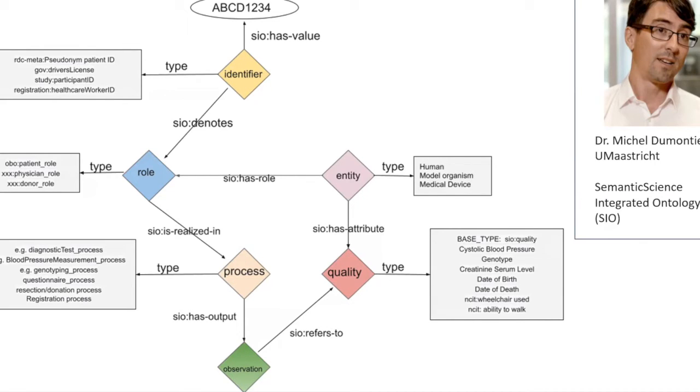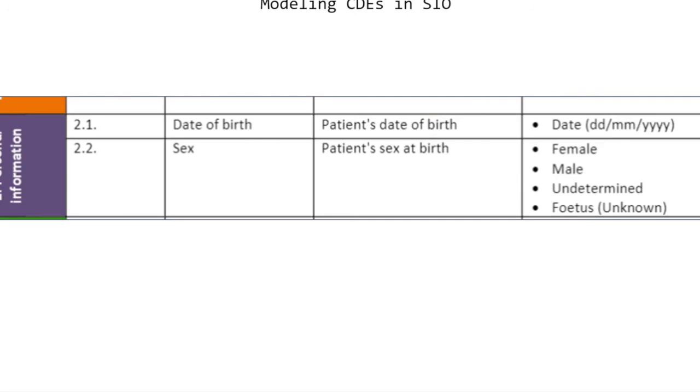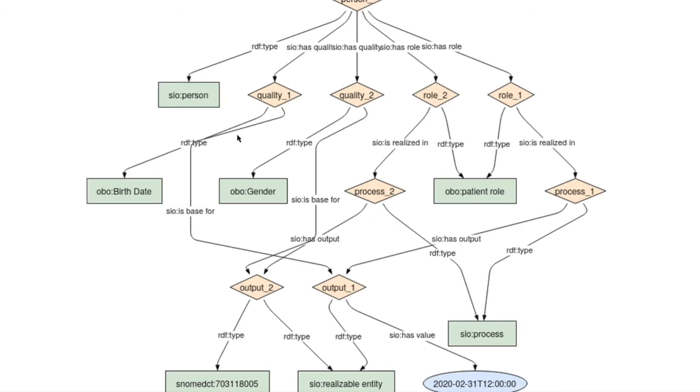So if you think about the CDE of personal information having birth date and sex, what does that look like when you put it into this model? Right, so here's the CDE number 2. And it looks like this, and I'll just walk you through to show you that this is in fact exactly the same as the model before.